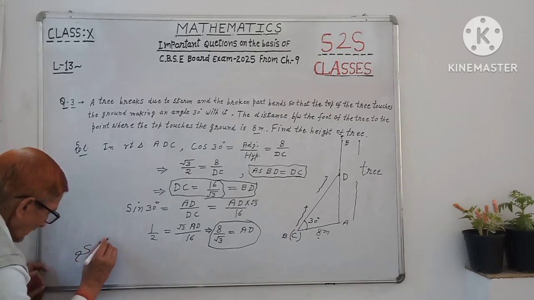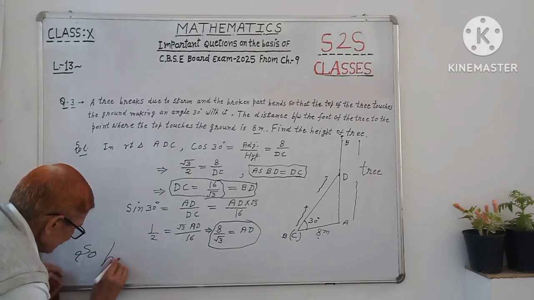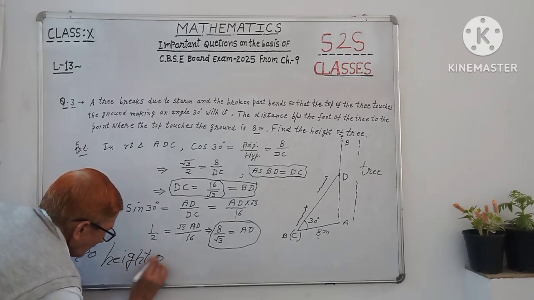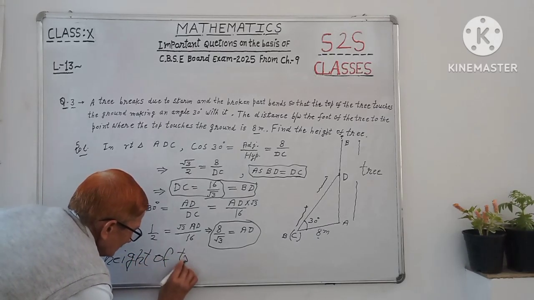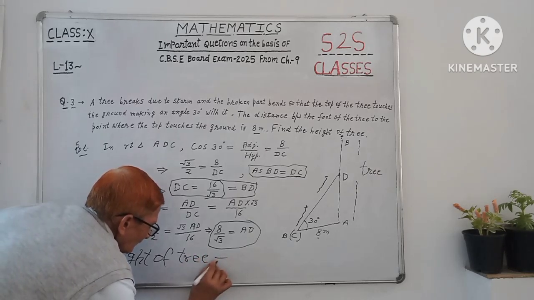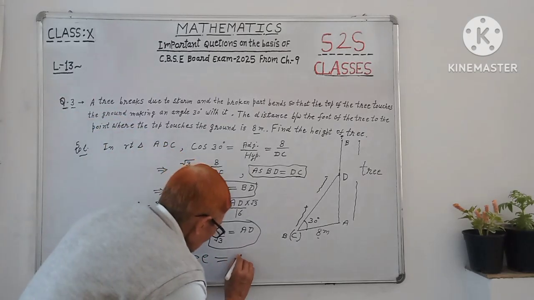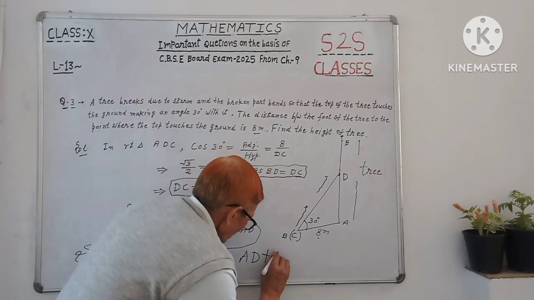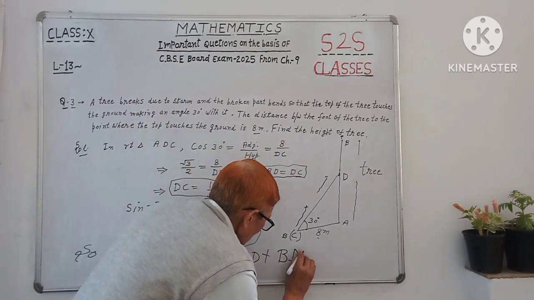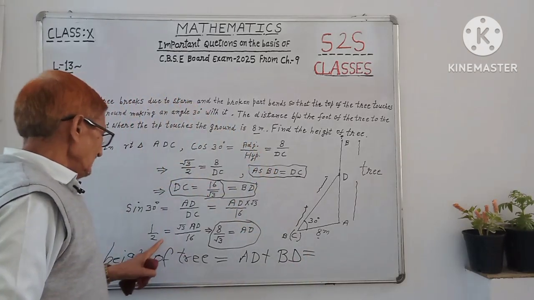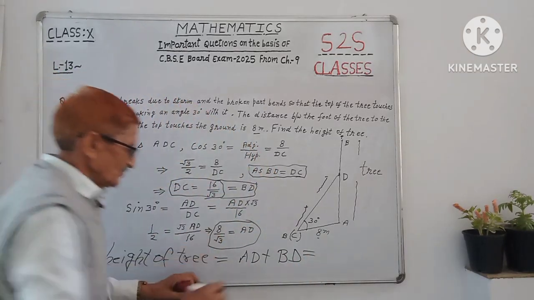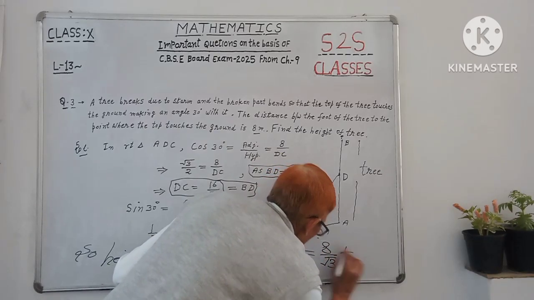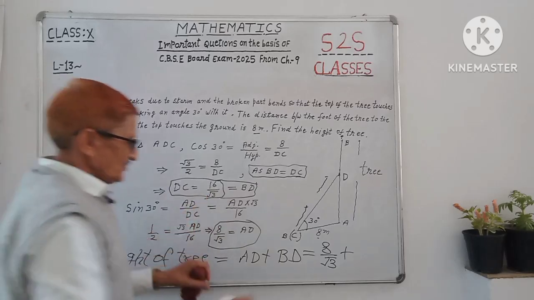So height of tree equals AD plus BD. AD, how much is yours, son? AD is 8/√3 plus BD 16/√3.